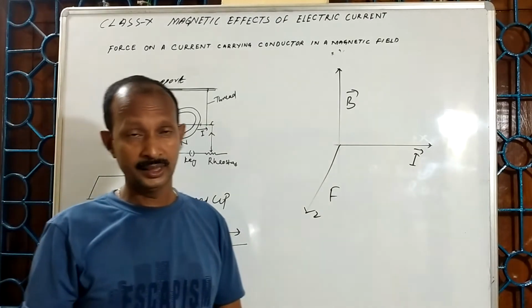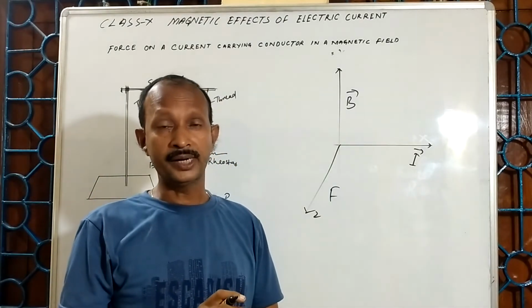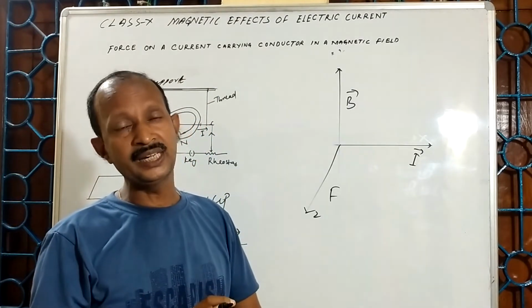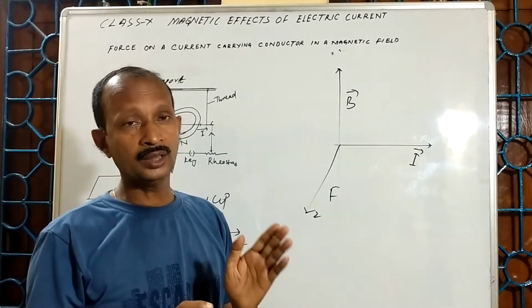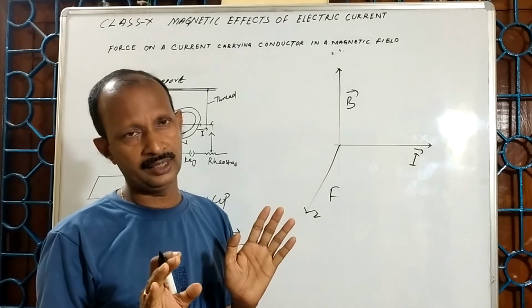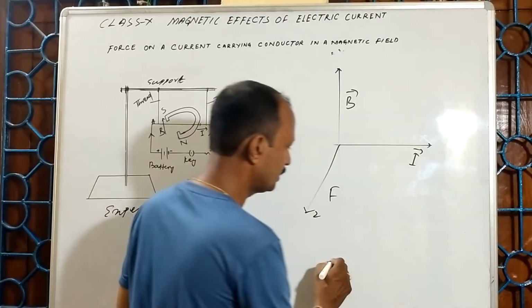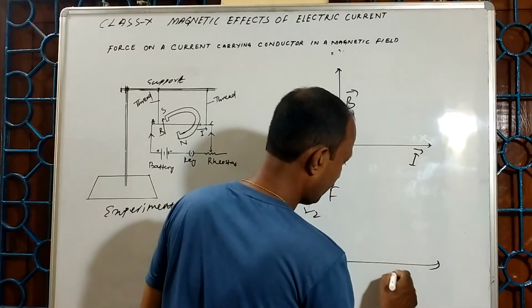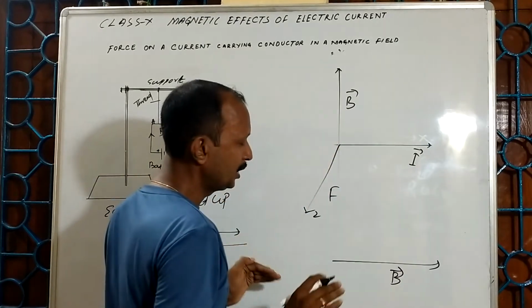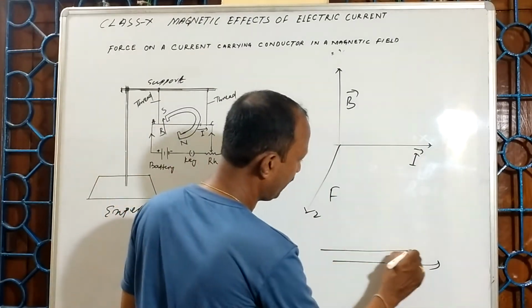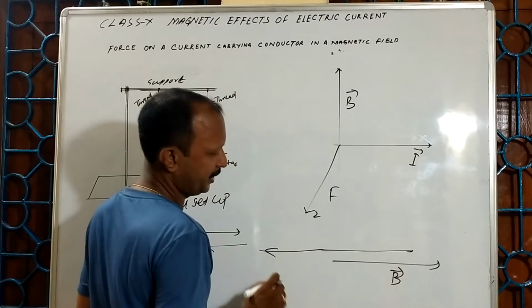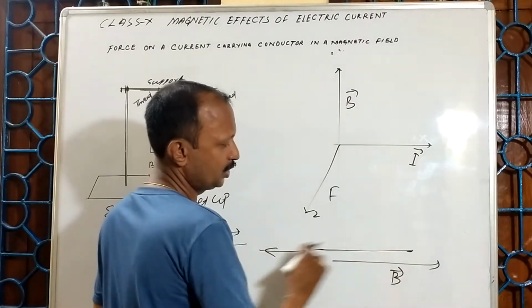I said that if the current carrying conductor is placed in a direction other than the direction of the magnetic field, for example, this is the magnetic field, so the wire should not be placed like this or in the opposite direction.